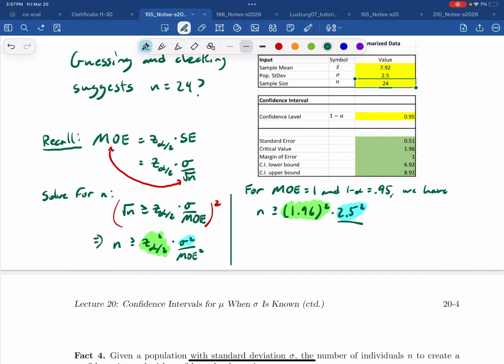And then I guess we're dividing by our margin of error squared. Oh, but our margin of error, they said, oh wait, that's right. They said that was 1, right? We assumed that was 1. So we're just going to do one of these. That's by assumption.